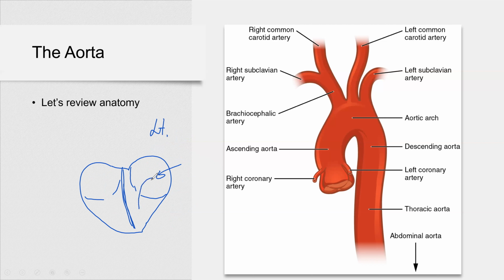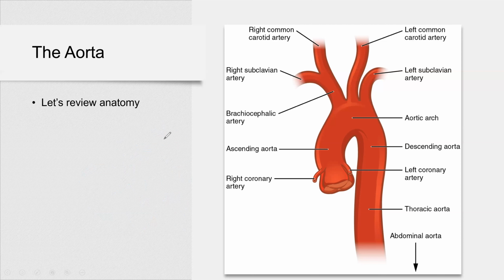So left atria, left ventricle, and then this blood vessel here, that is aorta, right there. So let's go to aorta, down, and you will have 3 blood vessels that branch from aortic arch.